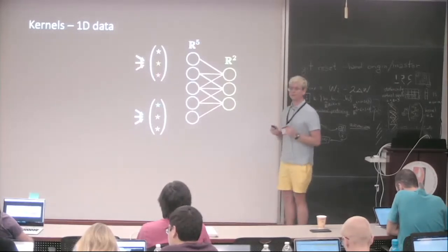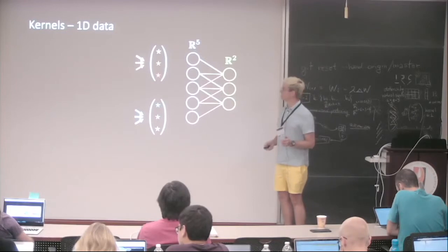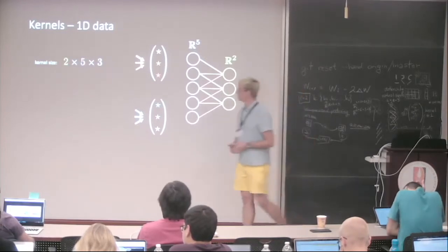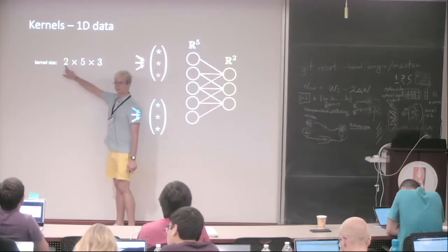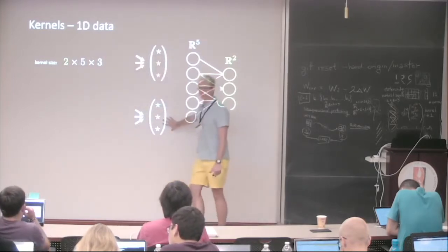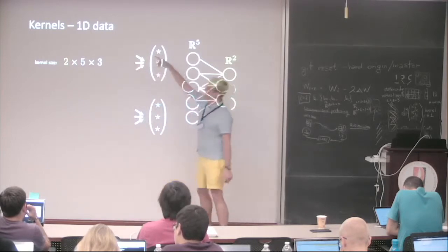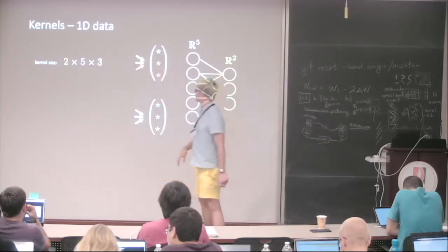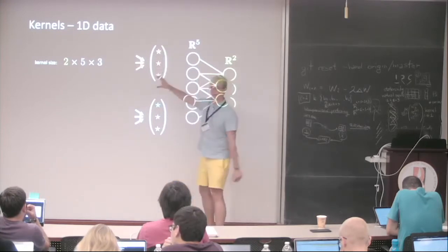So finally, you can collect all your kernels in some tensor, which is of dimension 3. So we have 2 kernels, of 5 elements, 1, 2, 3, 4, and 5, times 3 neurons. So first row, second row, and third row.